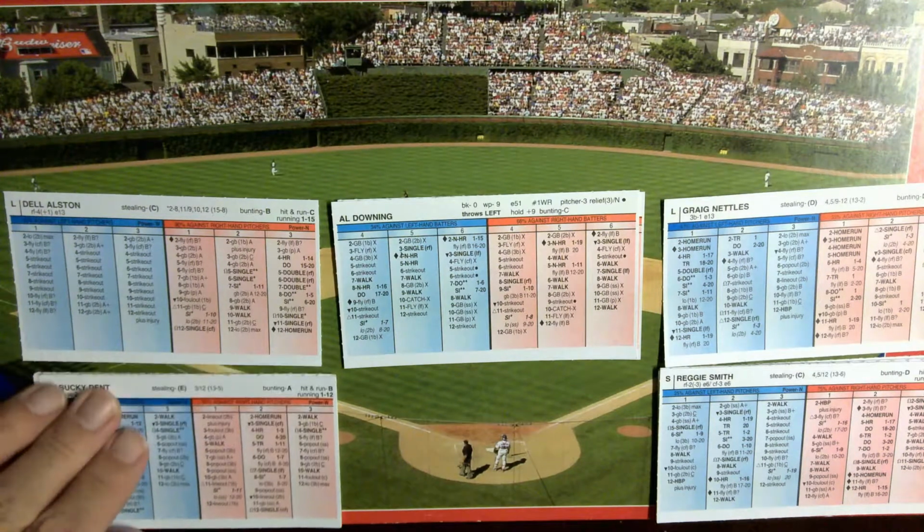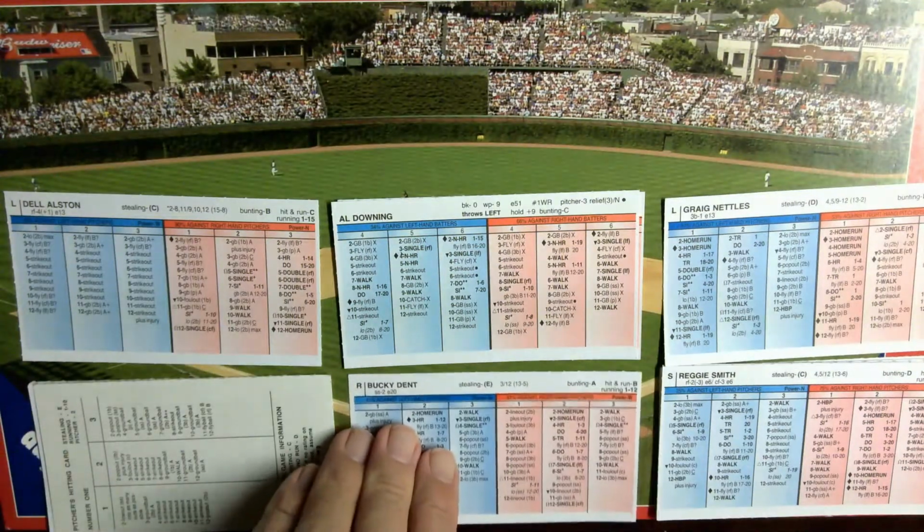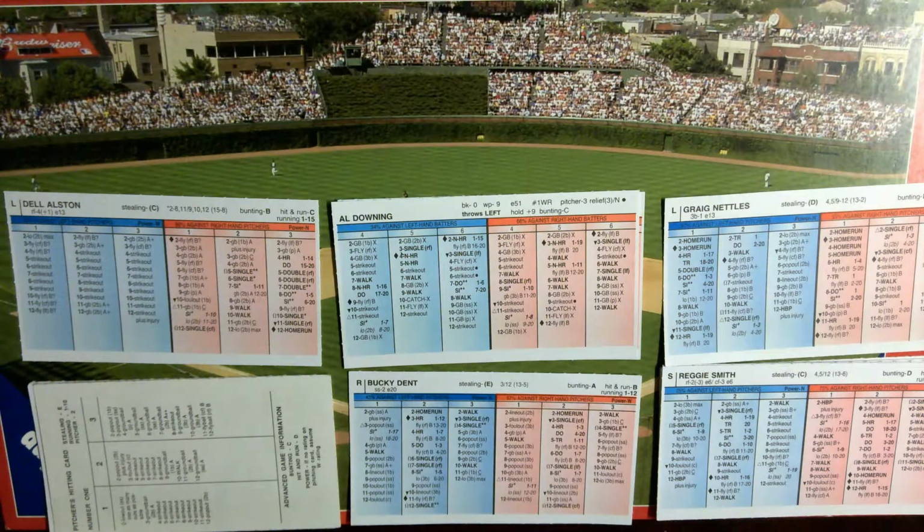And so we have the right-handed hitting Bucky Dent up next, with runners on first and third. Looking here to see what we might want to do. Really want to try to avoid that double play if at all possible.